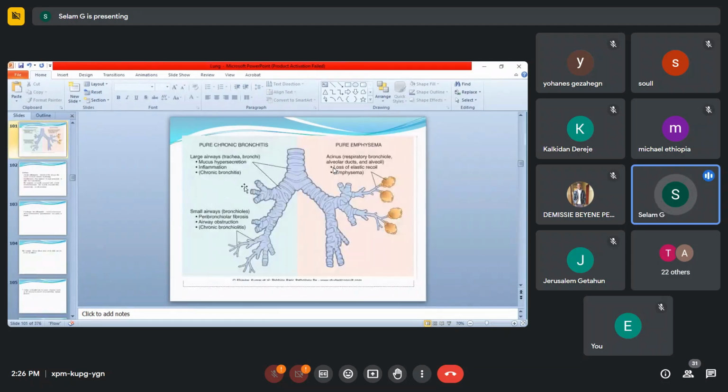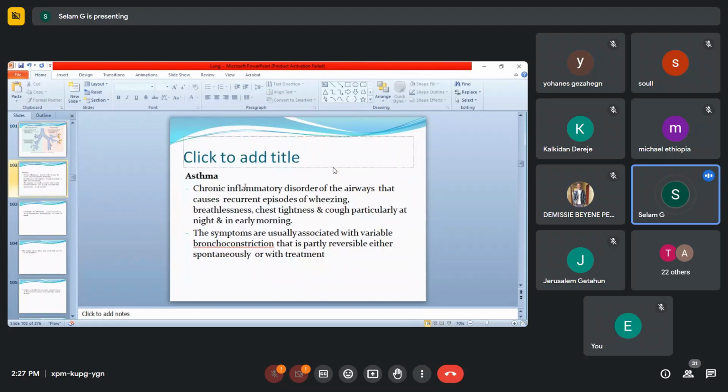So usually we find chronic bronchitis as well as emphysema in patients concomitantly, and finding pure emphysema or pure chronic bronchitis is rare. The other obstructive airway disease which is very important is chronic asthma.